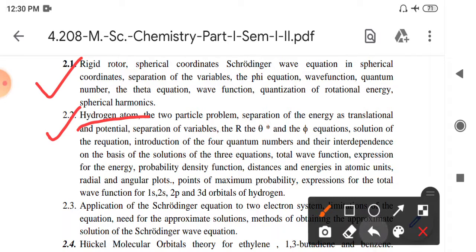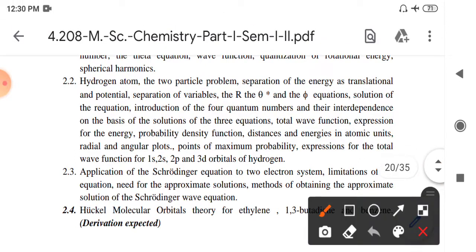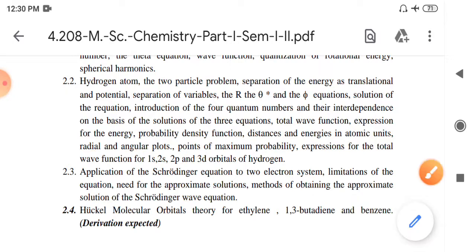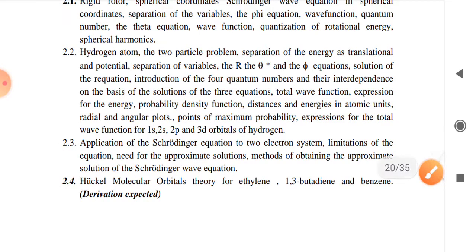For this we can again obtain the R, T and F equations, where R is the R equation, T means the theta equation, and F is the phi equation. Based upon that we can get the actual shape of 1s, 2s, 2p, 3d and various other orbitals, their radial probability, their angular plots and radial plots. So all of these things become quite clear.